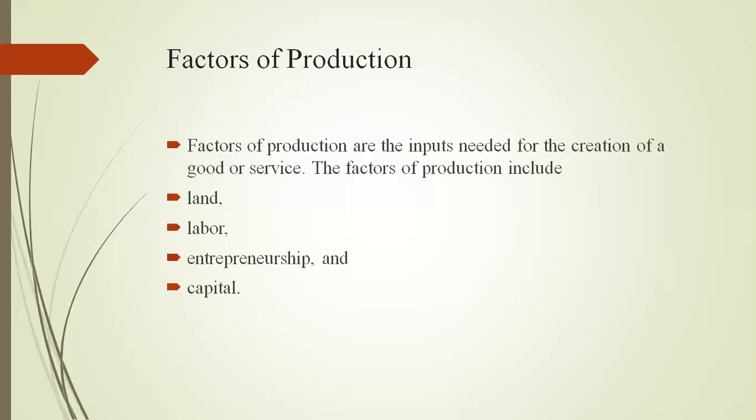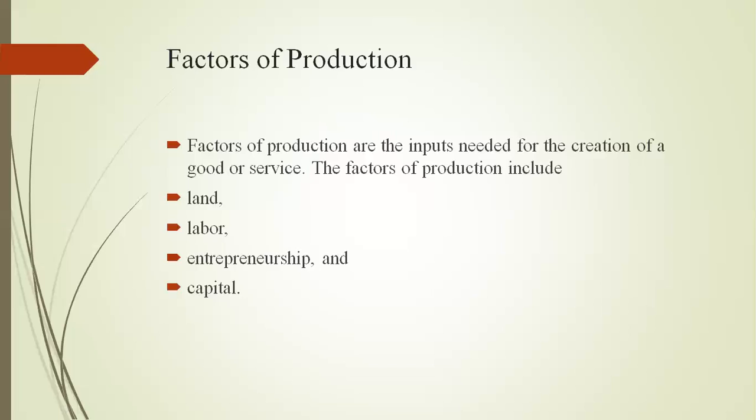The entrepreneur is the person who combines all those above-mentioned factors, and he makes it possible for goods to come into the market, and his efforts matter a lot. If there were no entrepreneur, nobody could utilize land, labor, capital. So the role of entrepreneurship is very important under the factors of production.